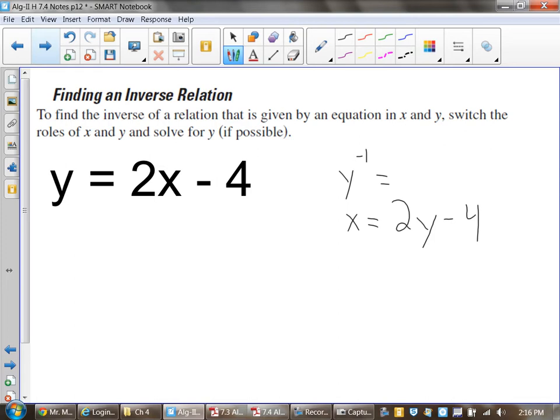Add 4, divide by 2. Do you agree? Okay, so we have x plus 4 all over 2. And in this case, I can simplify that down a little bit more. Can I write it as 1/2 x plus 2?